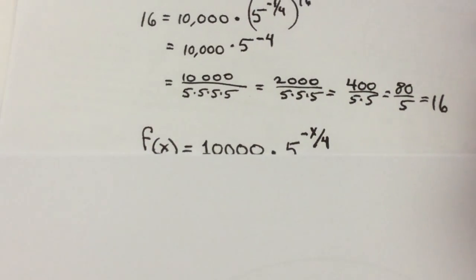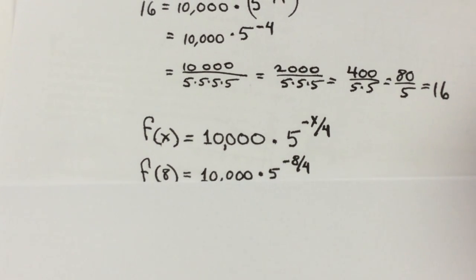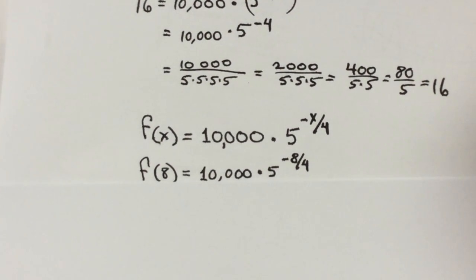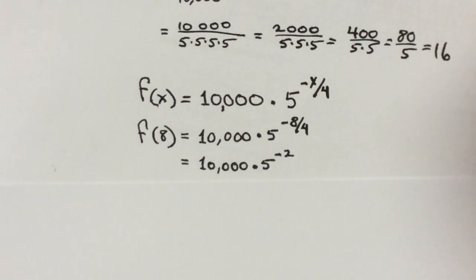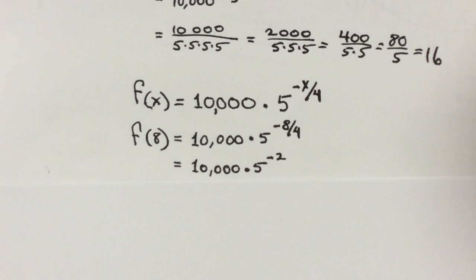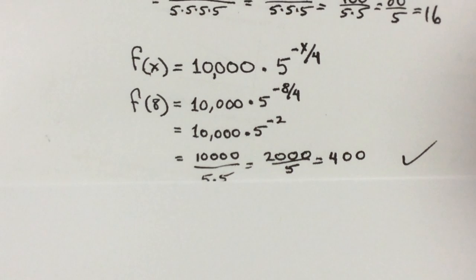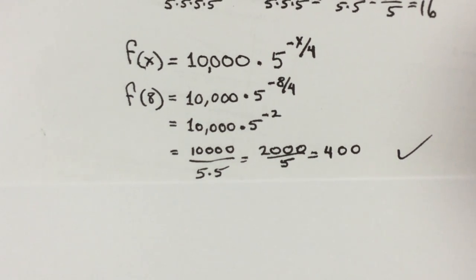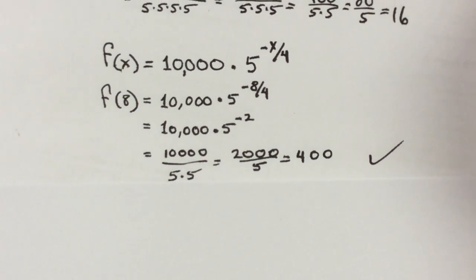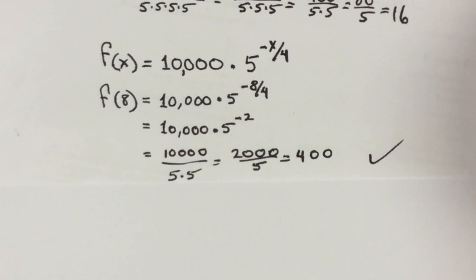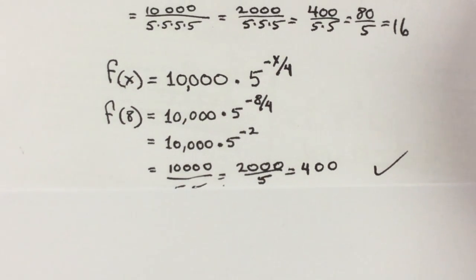That's the equation. And then I plugged in 8 for x. Did a little bit of arithmetic with the exponent. And found out that f of 8 is equal to 10,000 over 5 times 5, which turned out to be 400. And that allowed me to check the next problem.